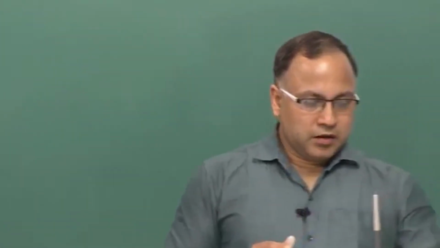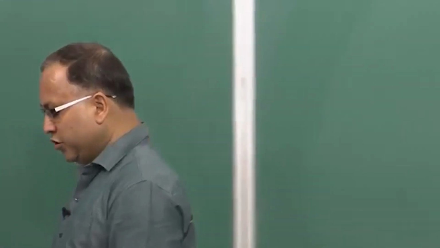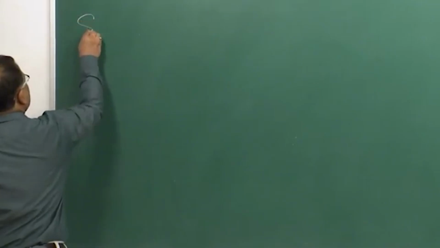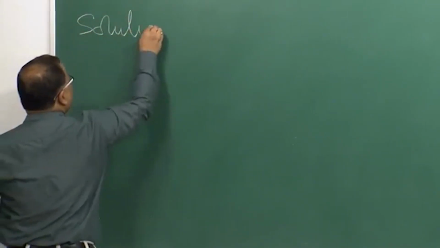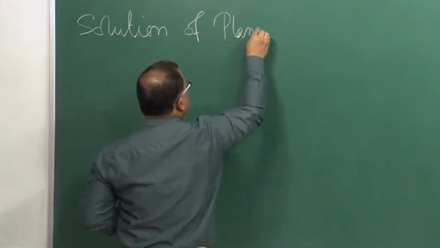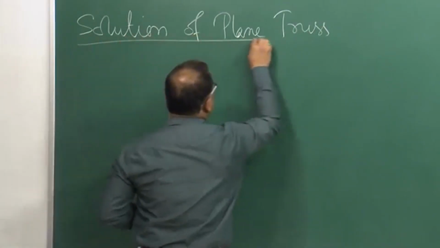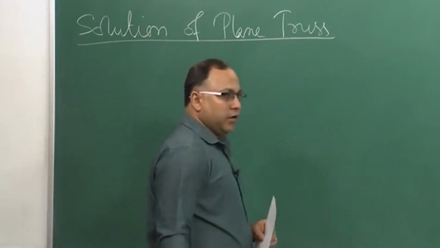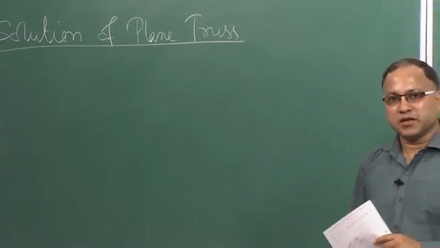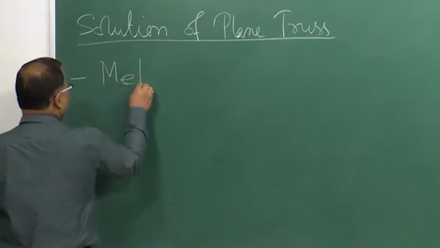So, now in this particular lecture we will be talking about the solution of plane truss, that means how we can solve or analyze the plane truss system. There are two methods by which we can solve or analyze the plane truss. First one is method of joints.